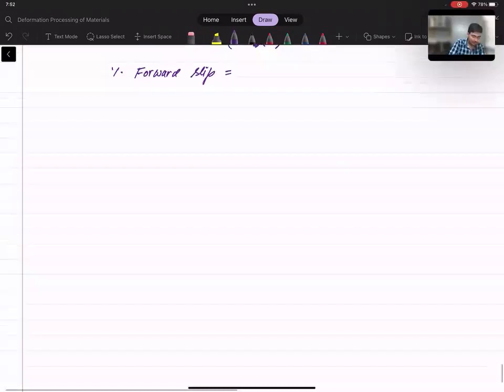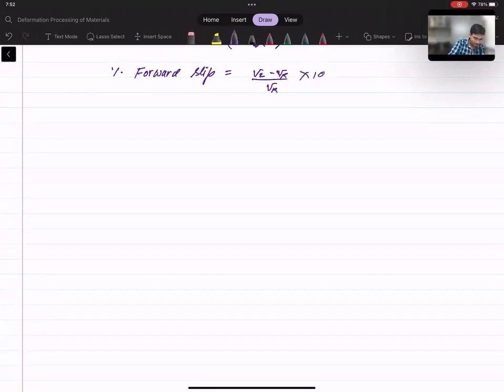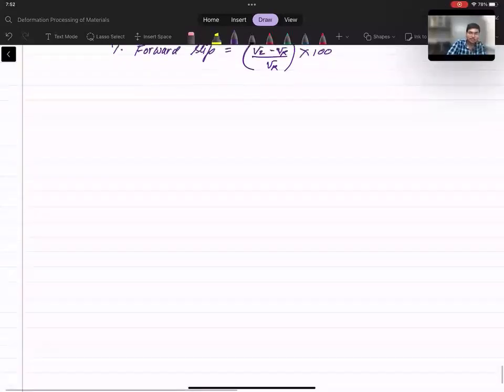Obviously V2 is higher, so we'll take the difference as V2 minus VR over VR, into 100. So this gives us the percentage of forward slip during the rolling process. So this was something related to slipping.